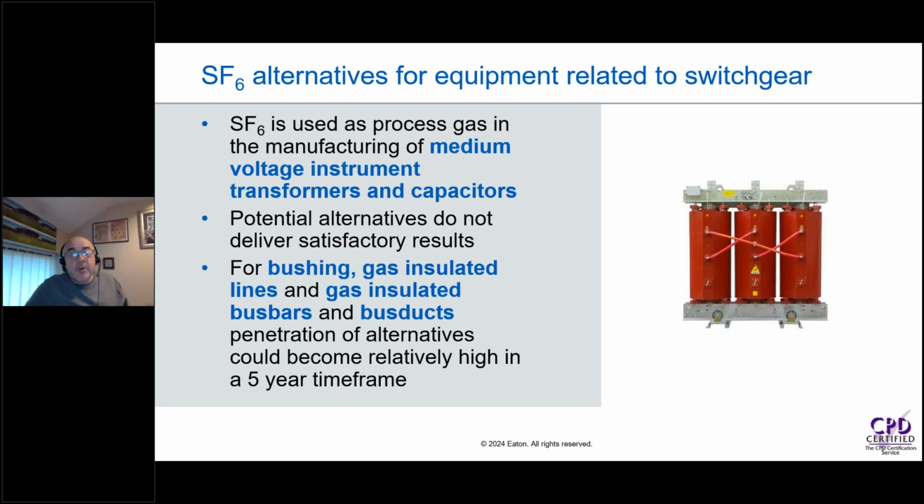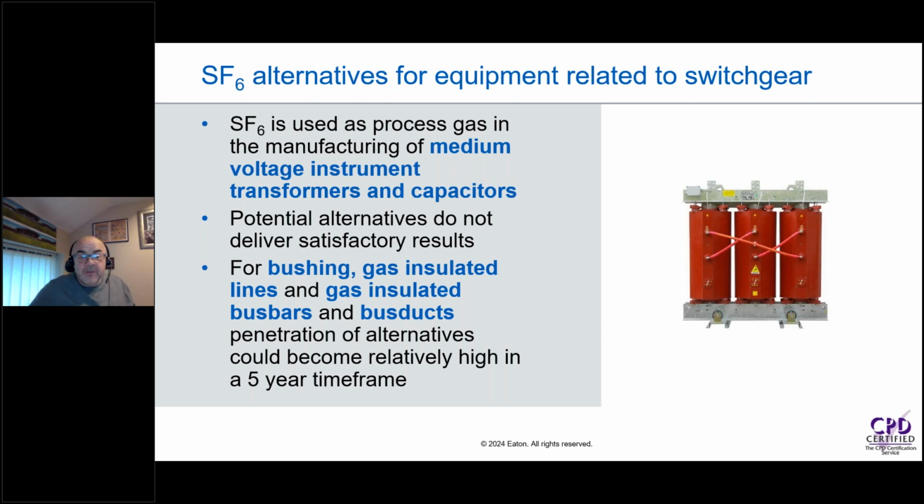If we look at SF6 alternatives for equipment related to switchgear, SF6 is used as a process gas in the manufacturing of MV instrument transformers and capacitors, and it's currently unavoidable because of that manufacturing process, with potential alternatives not delivering satisfactory results.